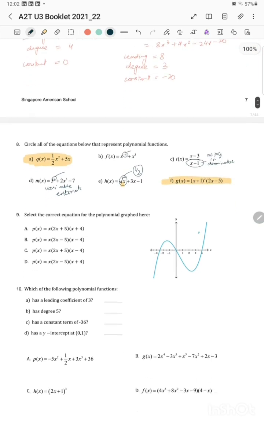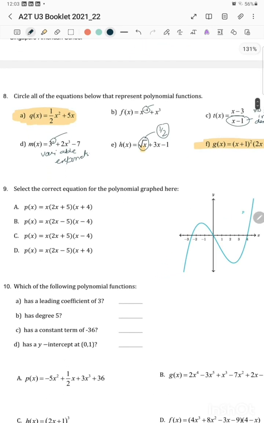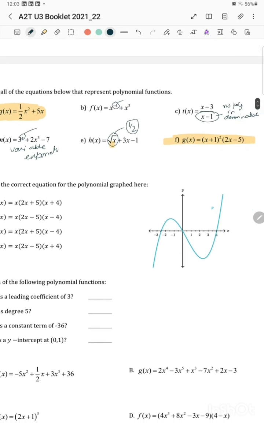Select the correct equation for the polynomial graph here. First of all, it is a polynomial of degree 1, 2, 3. So the zeros are 0, 4 and -2.5.